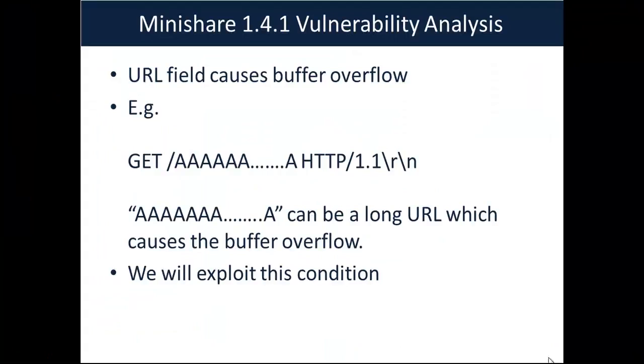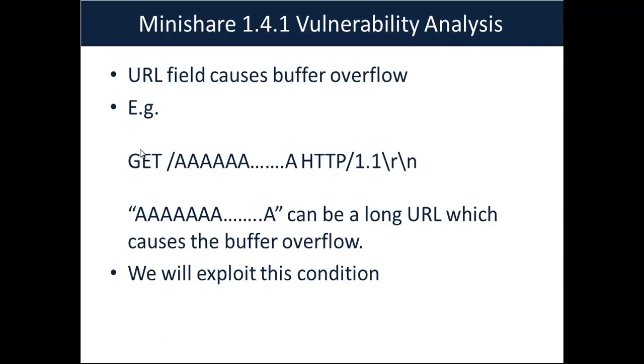Now what this means is that if we send a request of the form GET slash, or even without the slash, a long URL, and if this URL is larger than the buffer length the Minishare program probably uses to store and parse this URL, then we're going to have a buffer overflow. So in this demonstration we will look at how to exploit this vulnerability.